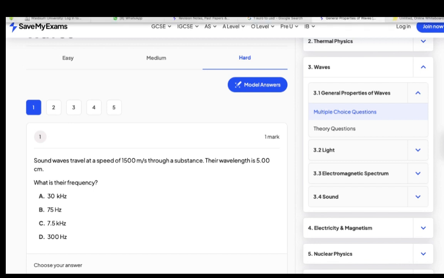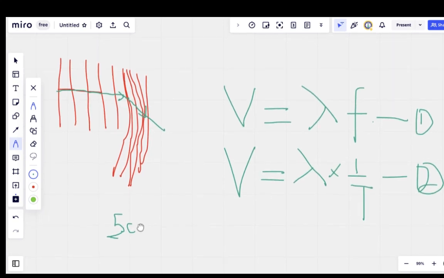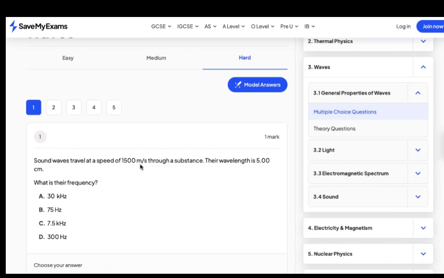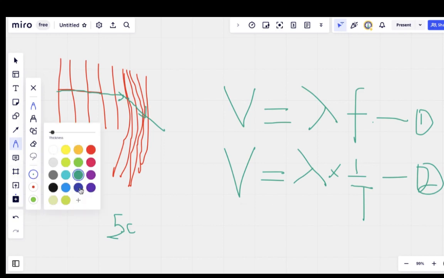Because we have to put all the units in their standard form, we must change the 5 centimeter to meter, since the speed was given in meter per second.